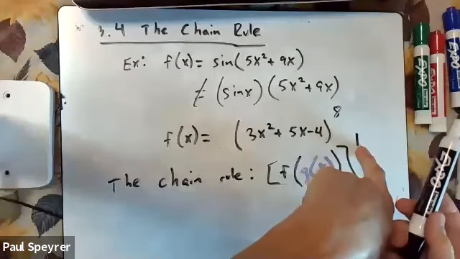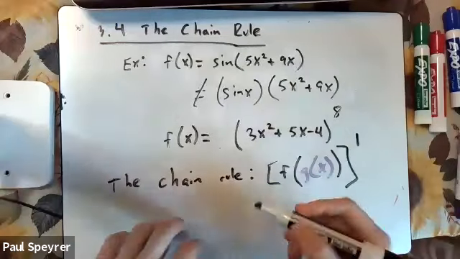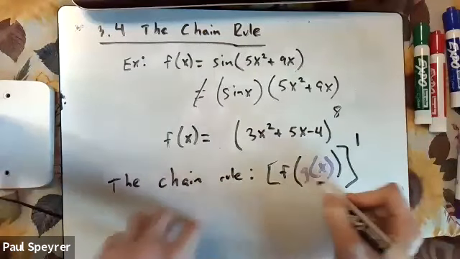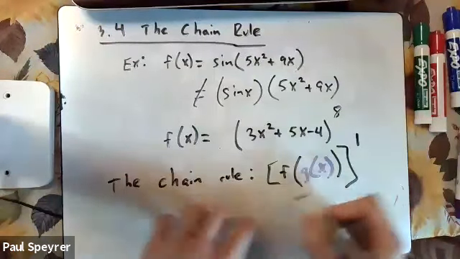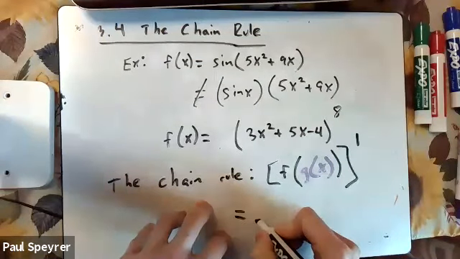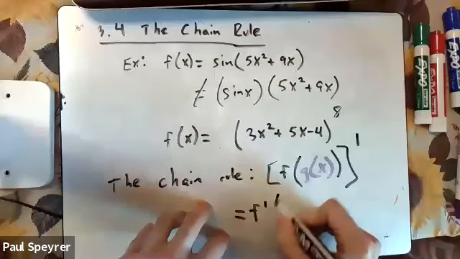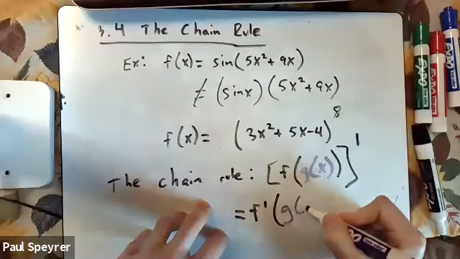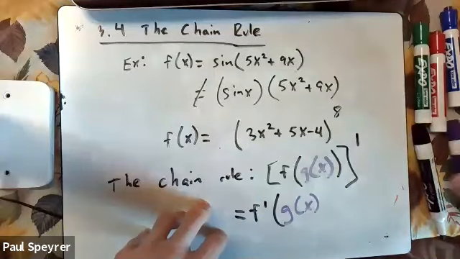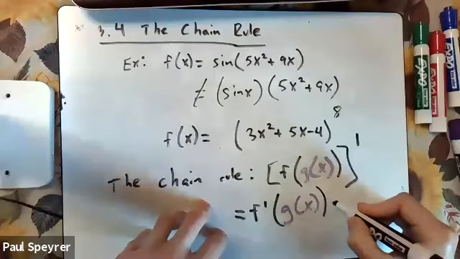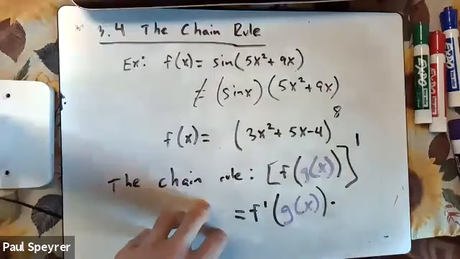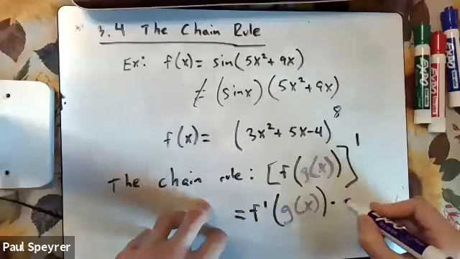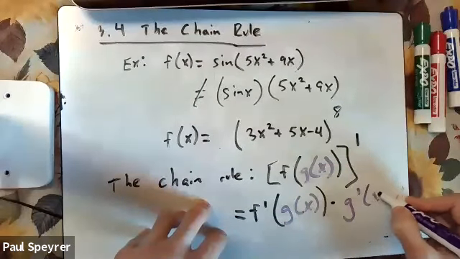That means prime. So if we were to actually work this out, this is equal to f prime of g of x times g prime of x.